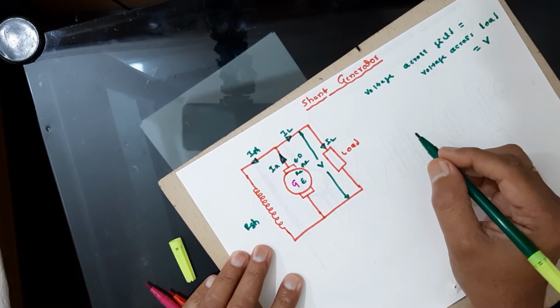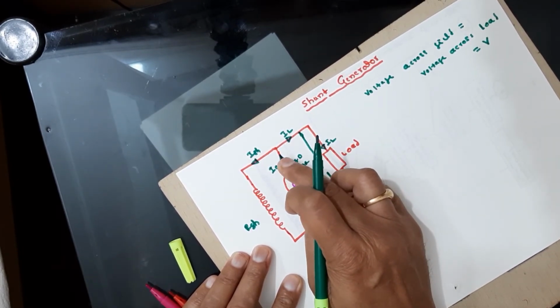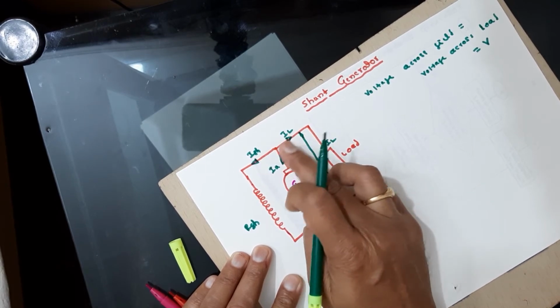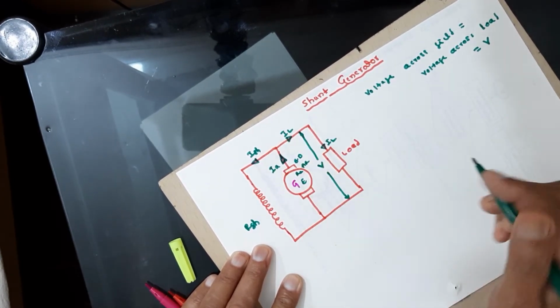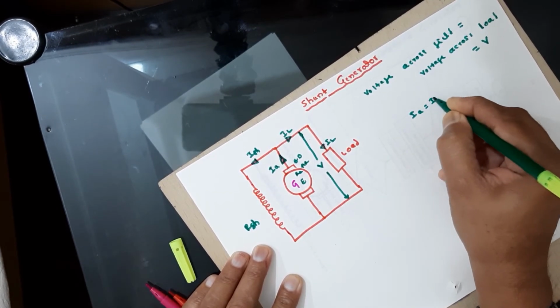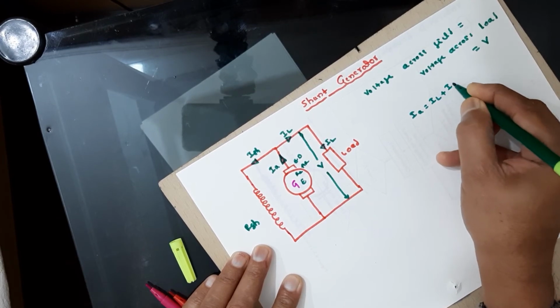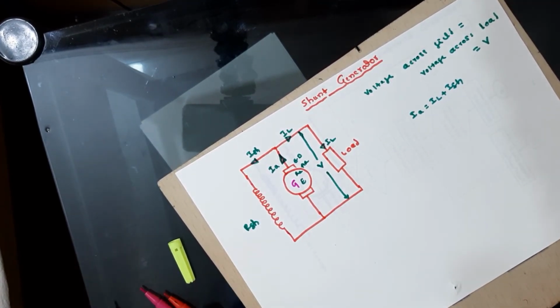Now look into the current relation. The total current delivered by the armature is IA. It has got two parts, IL and ISH. If you are applying Kirchhoff's current law at this junction, then what current relation are we getting? IA is equal to IL plus ISH. This is another important relation we are establishing.